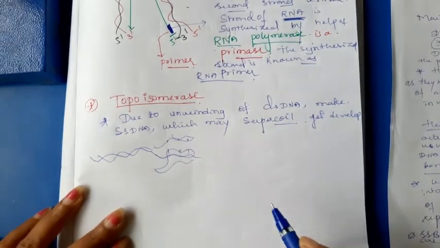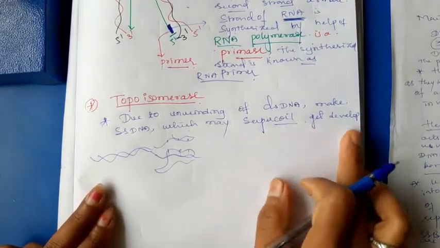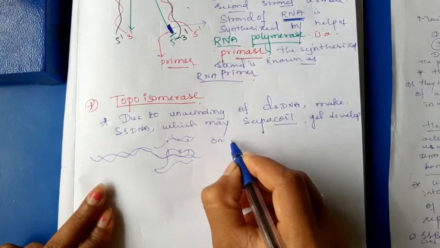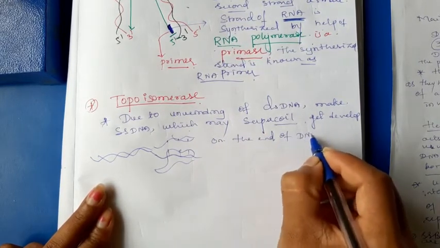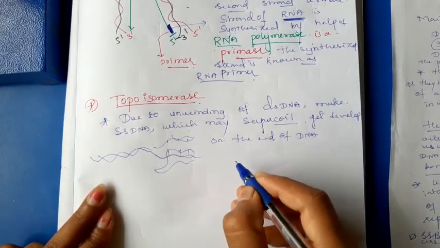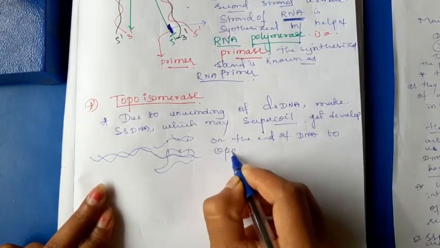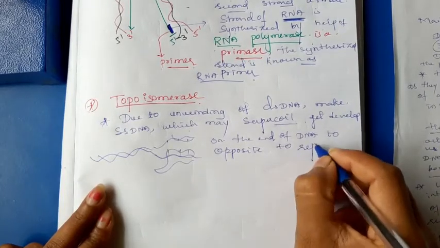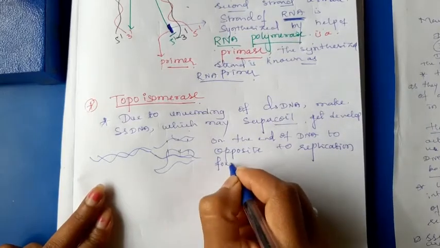The supercoiling may get developed at the end of the DNA, opposite to the replication fork.